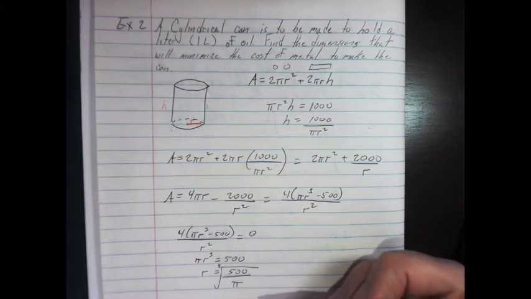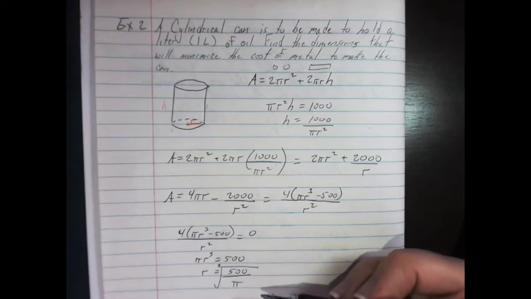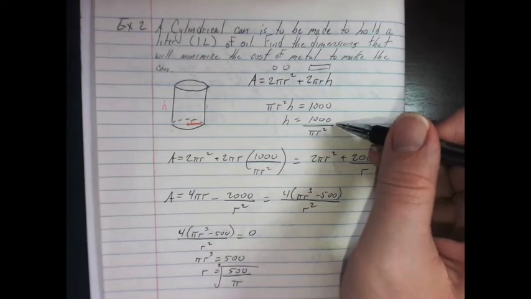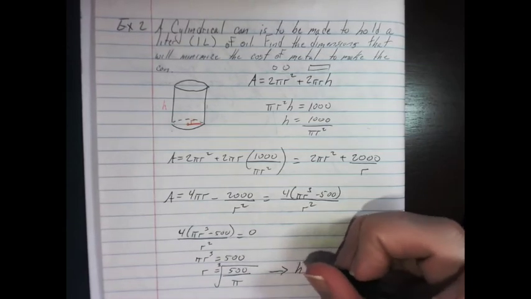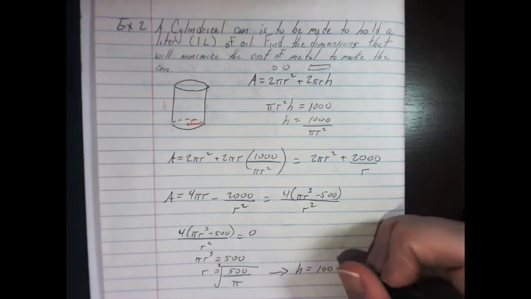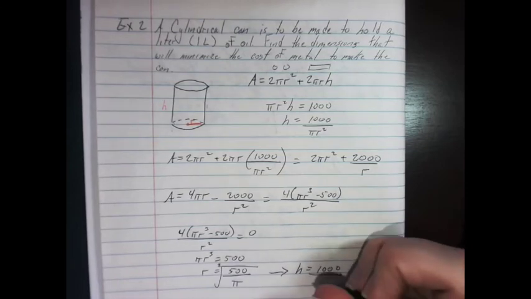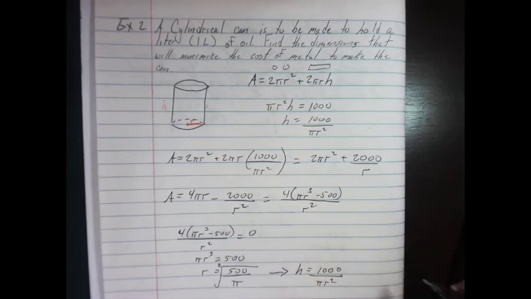Now, we need to find the dimensions here. We found the radius, now we need to figure out our height. We know that this is our height formula. So I'm going to take this, I'm going to plug it in. So I know that h is going to be equal to 1,000 divided by pi r squared. Well, we knew that.